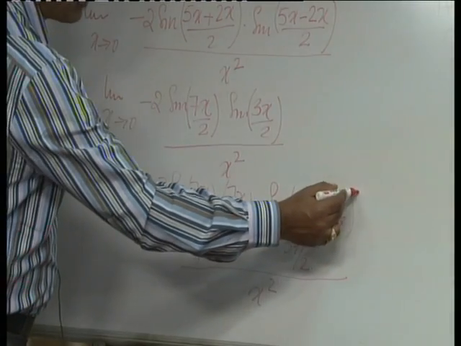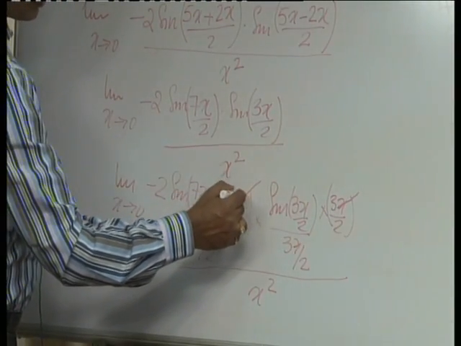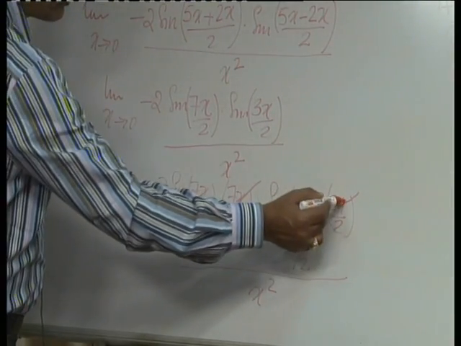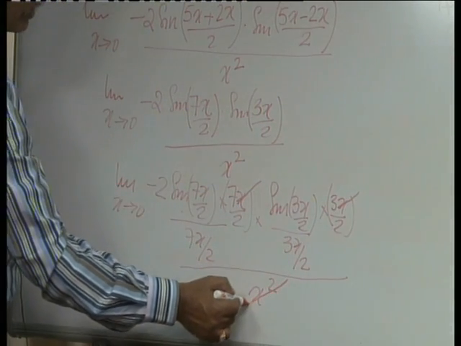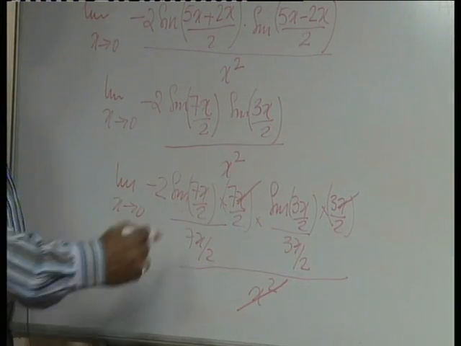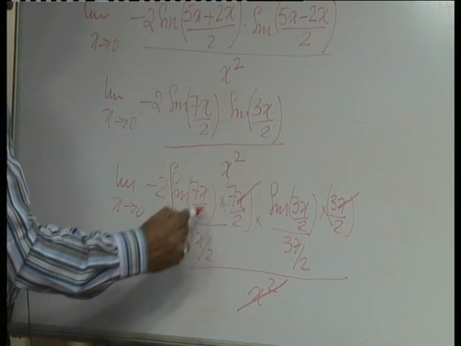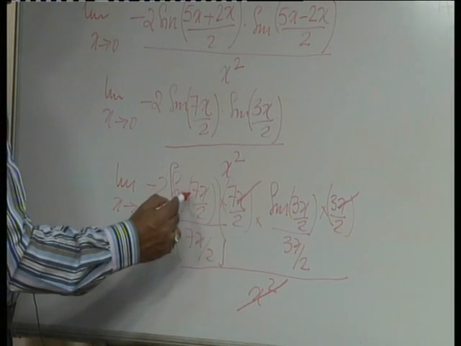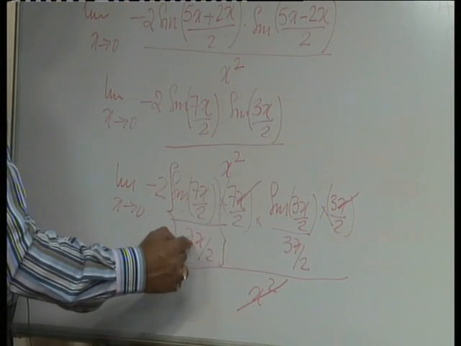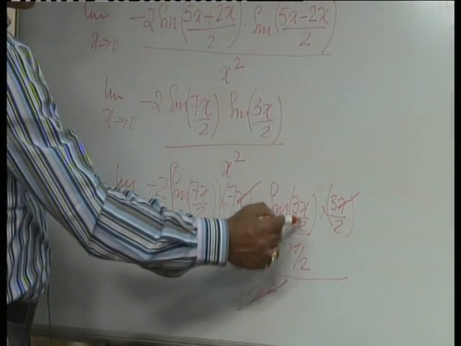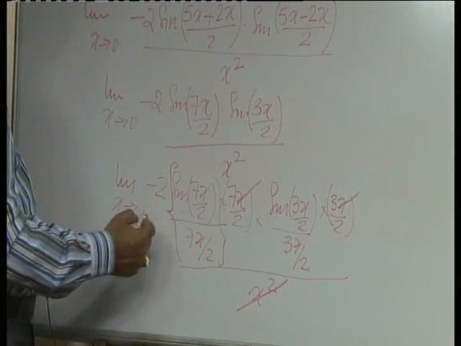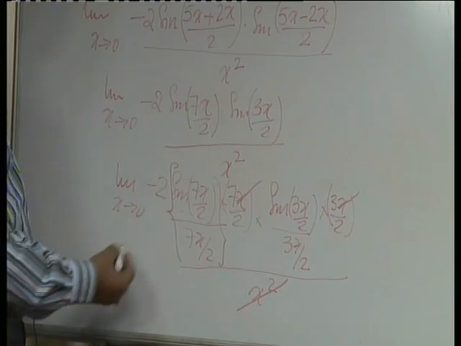You take this x into x, the x square cancels with the x square. By looking at the terms sin of n theta by n theta, sin of m theta by m theta, as theta tends to 0, it is of that standard form.